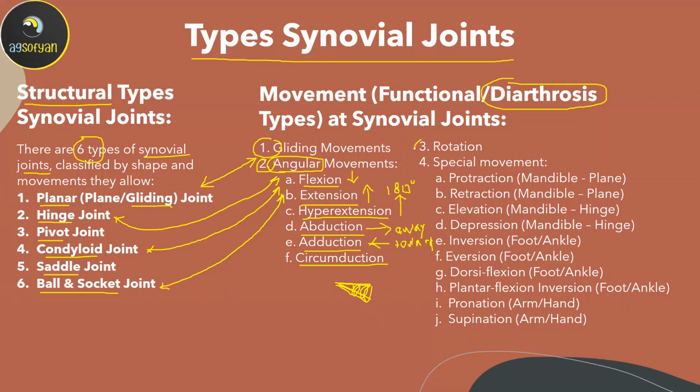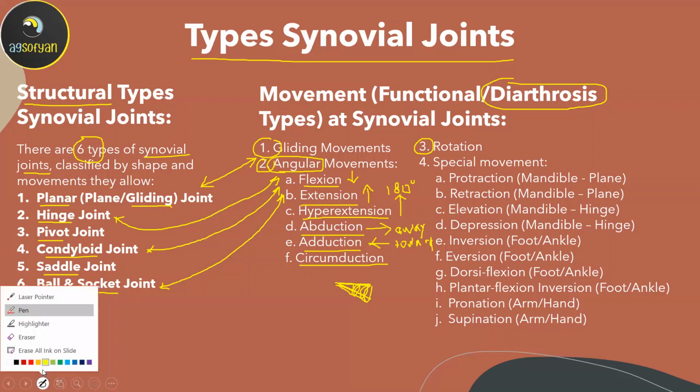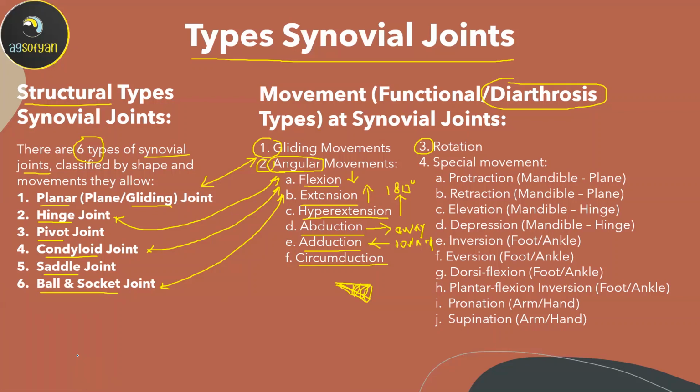The next one is rotation, which is the movement of your body on an axis. For example, when you say no, no, your head rotates to the left and to the right. This is rotation, and usually the one that gives the rotation type of movement is the pivot joint.